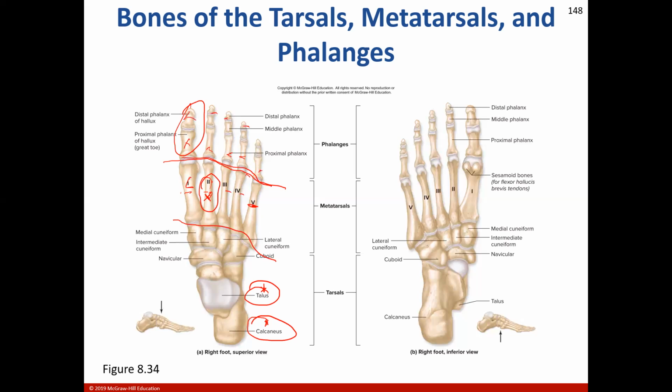But digit number 1, the big toe, only has a distal and a proximal. And by the way, the big toe is called the hallux. The thumb is called the pollex. So the pollex is the thumb. Just some anatomical terms for you. And the hallux is the big toe.